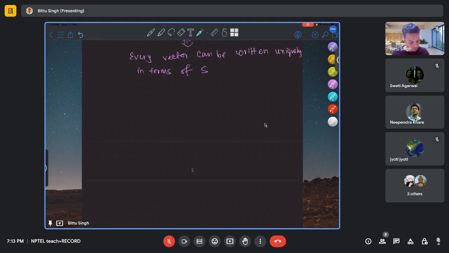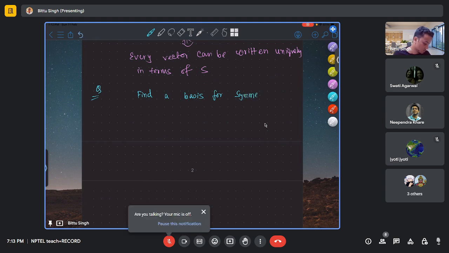Question: find a basis for symmetric matrices.